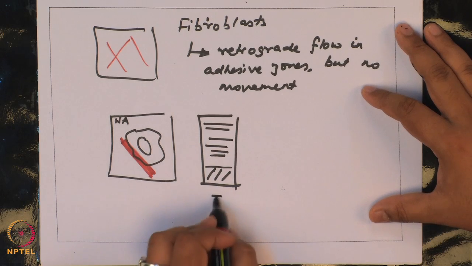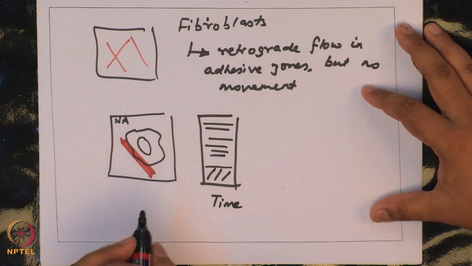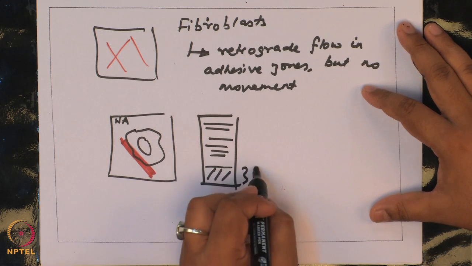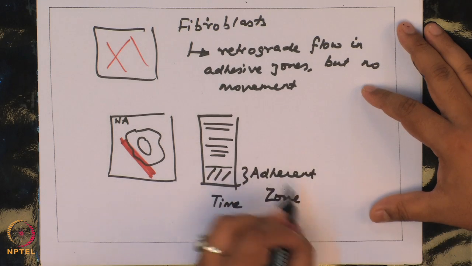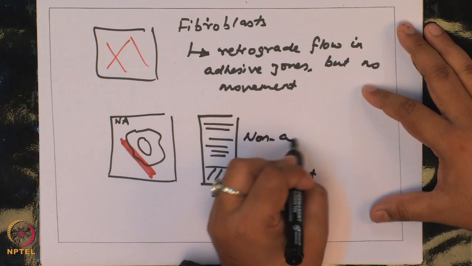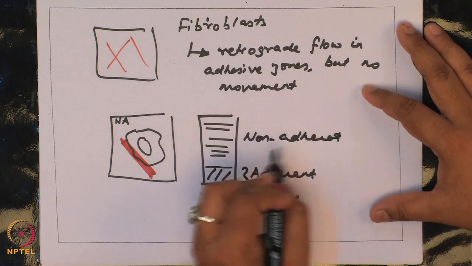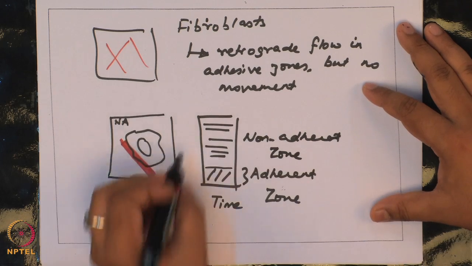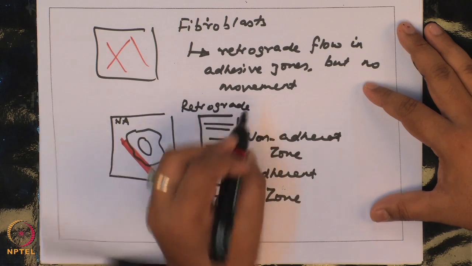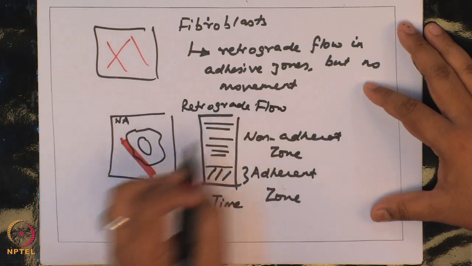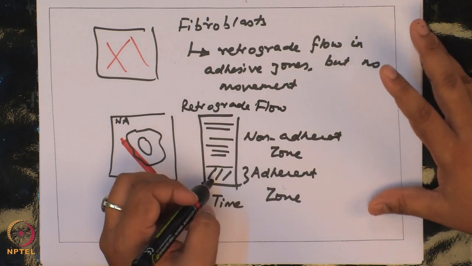This is again my time axis. This is your adherent zone and this is the non-adherent zone. So, your retrograde flow is 0 in the non-adherent zone, but it is positive in the adherent zone.